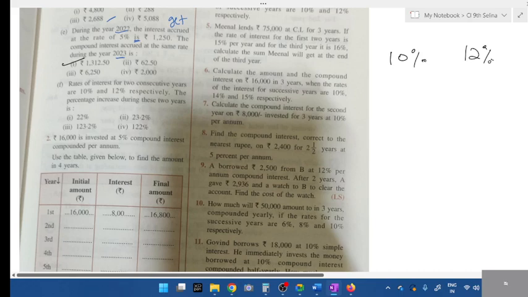Right? The rate of interest for two consecutive years are 10%, 12%. The percentage increase during these 2 years. Percentage increase.